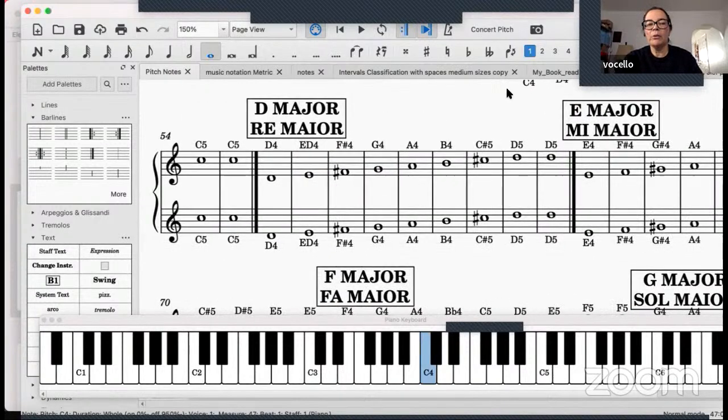So therefore we're going to alter here. So whole step, half step, whole step, whole step, whole step, and half step. And here's the repetition of the tonic. Let's listen.